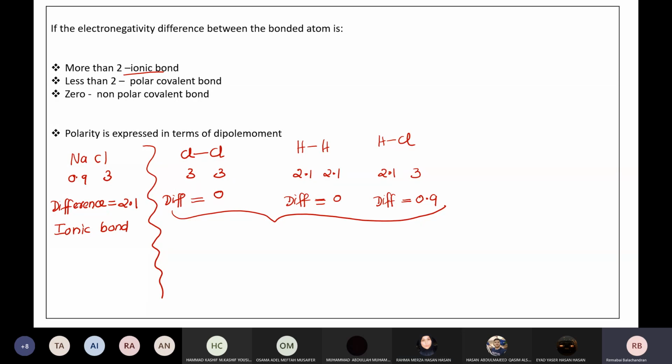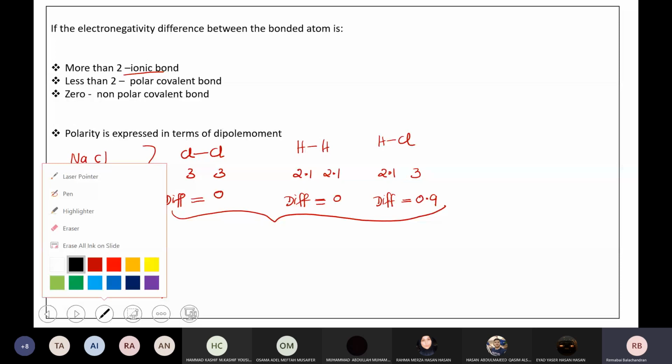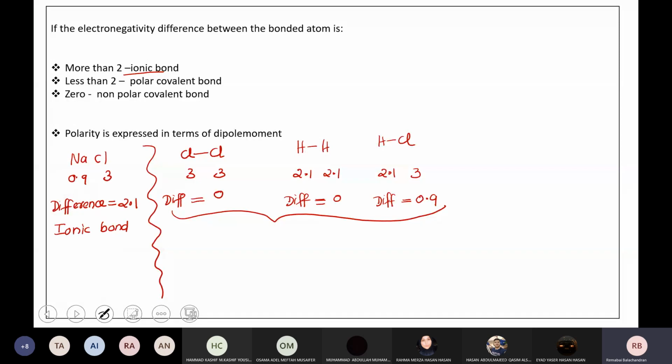Yes, the first two are non-polar covalent bonds and the last one is a polar covalent bond.